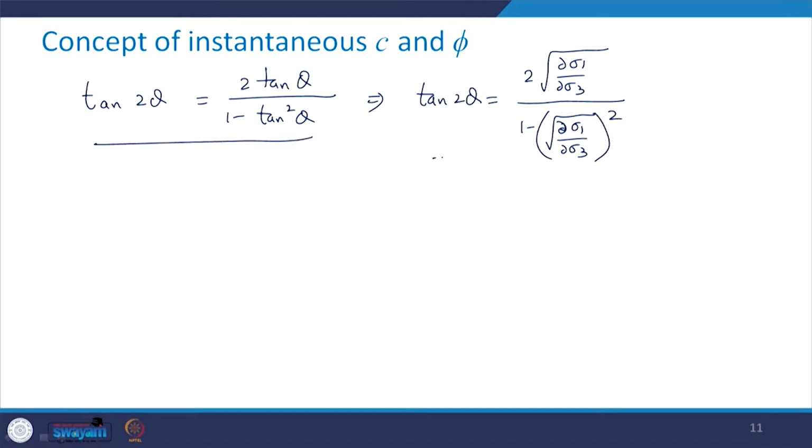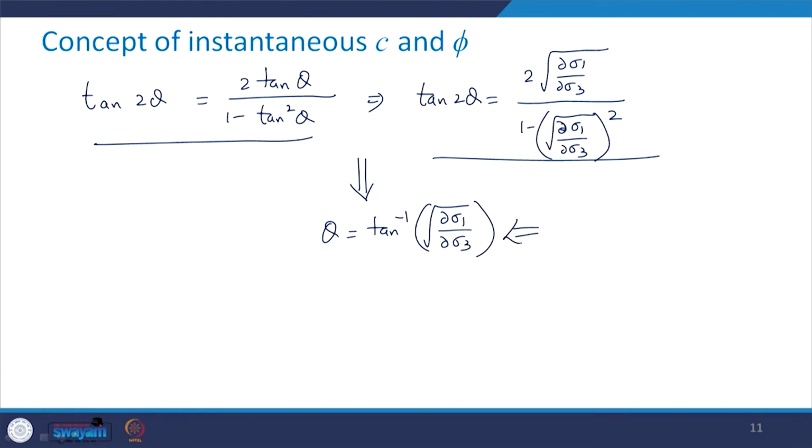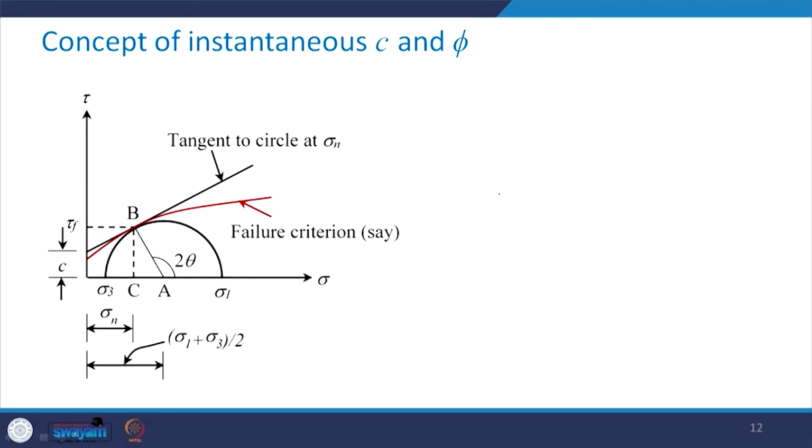Compare this and this, what you are going to get is theta will be equal to tan inverse square root of del sigma 1/del sigma 3. So this is how we are going to obtain the expression for theta in terms of this derivative, which is del sigma 1/del sigma 3.